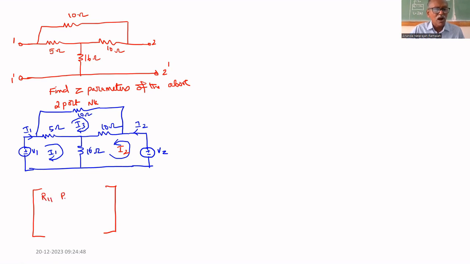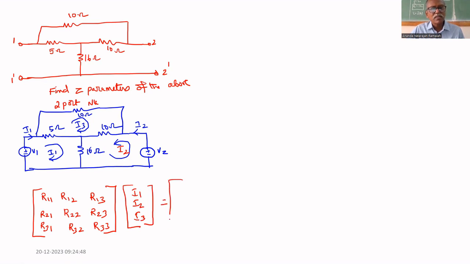R11, R12, R13, R21, R22, R23, R31, R32, R33, times I1, I2 and I3, equal to V1, V2, V3.